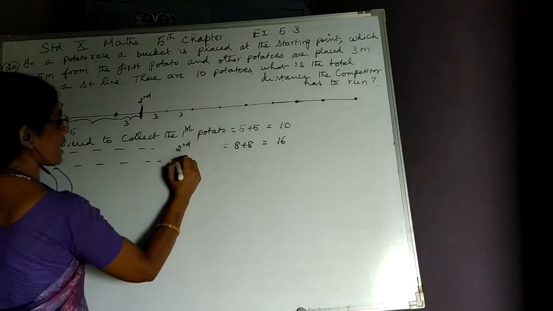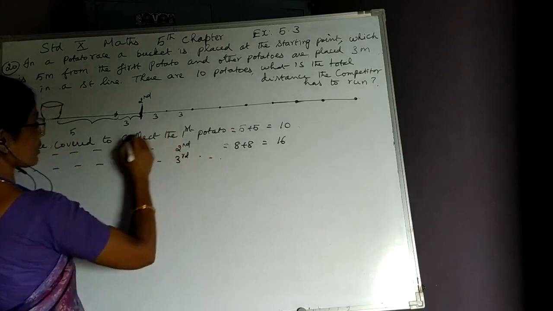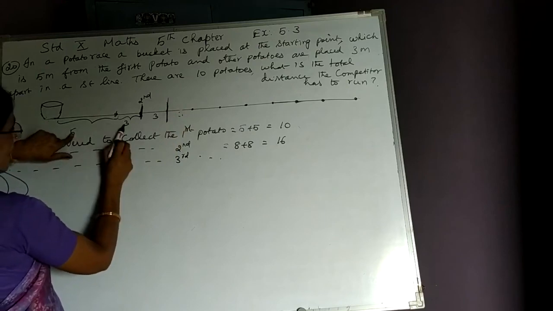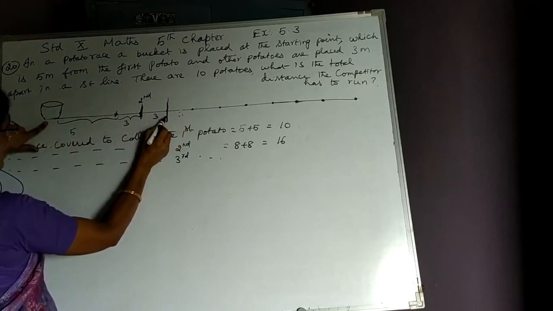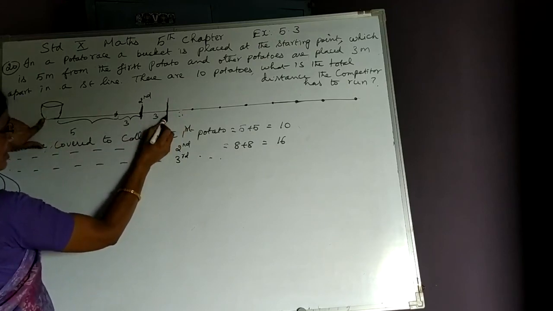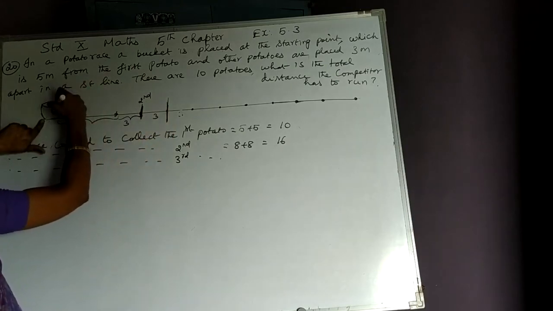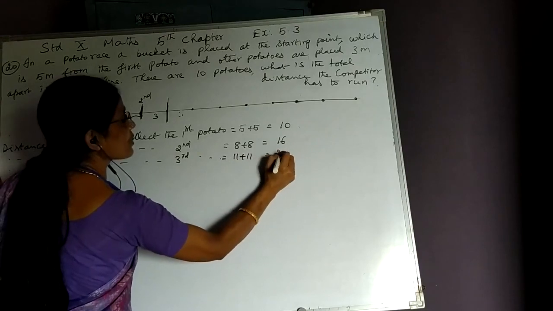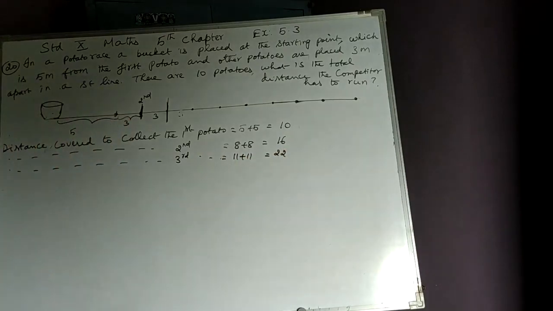Distance covered to collect the third potato. Third potato is here. This is the third potato. So 5 plus 3, 8, 8 plus 3, 11. 11 meters towards the third potato and comes back to put it 11 meters. So we'll get here 11 plus 11, which is equal to 22. Hope you understood.